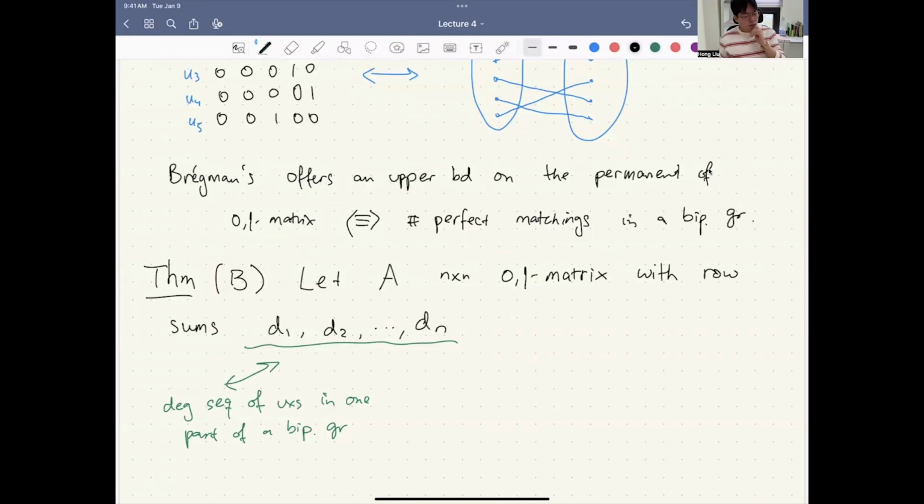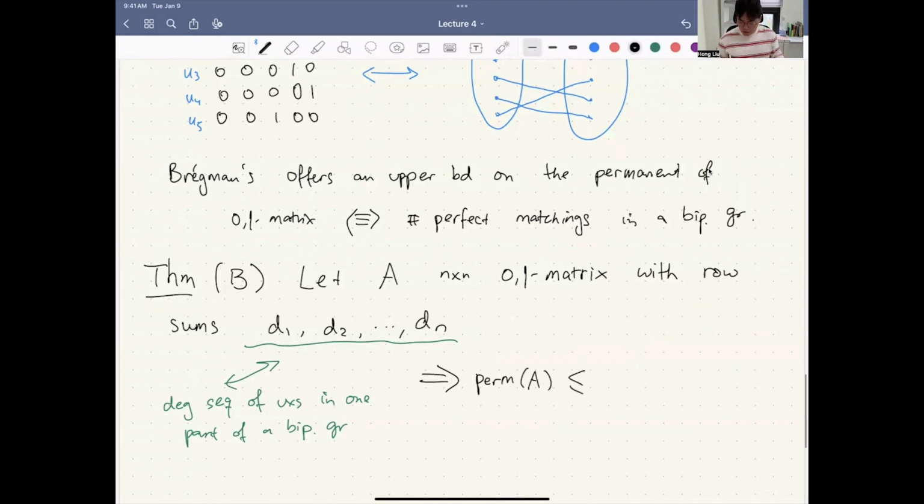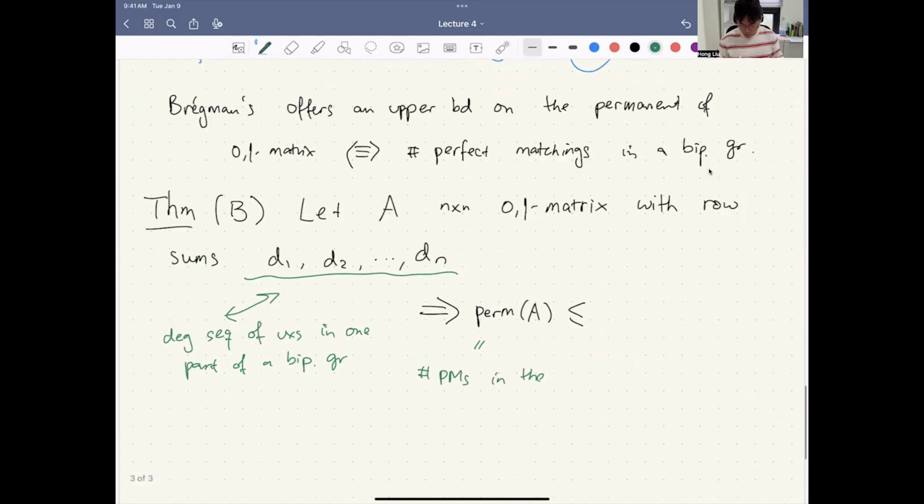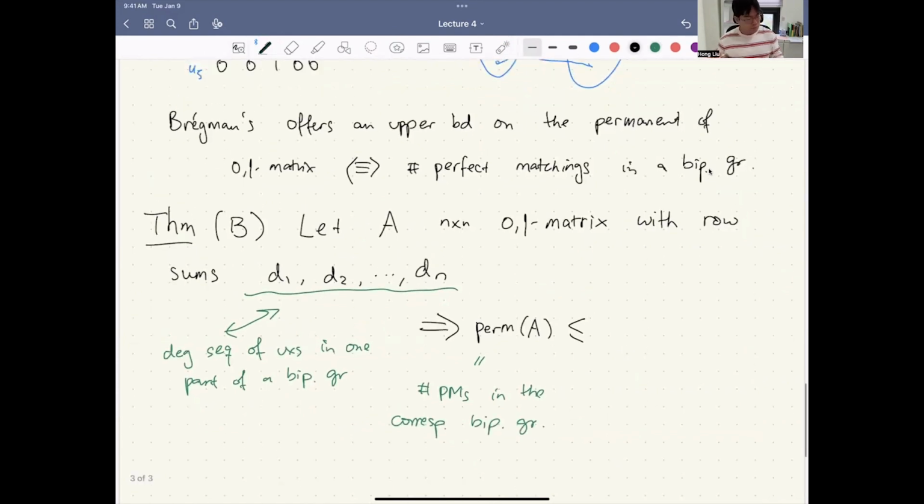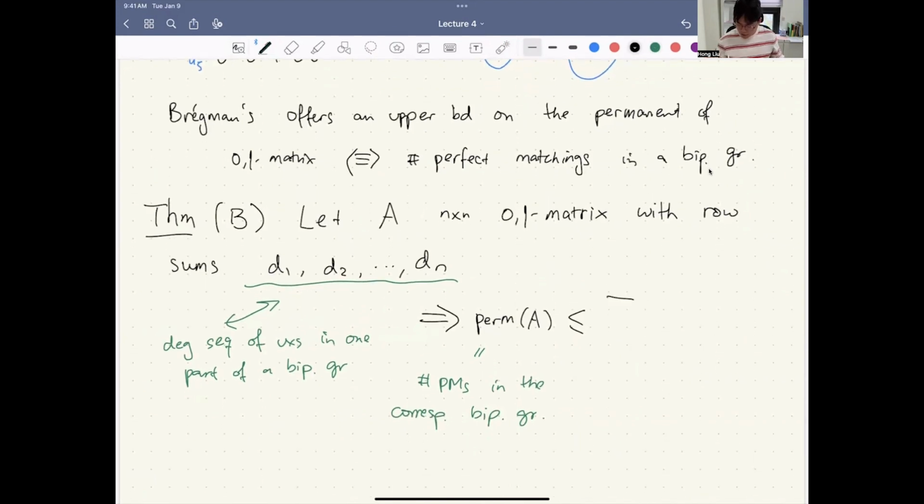Then the conclusion is the permanent of A, which equals the number of perfect matchings in the corresponding bipartite graph, is at most the product, i goes from 1 to n, of (di!) raised to the power 1 over di, where di is the degree of the i-th vertex, or the i-th row sum.